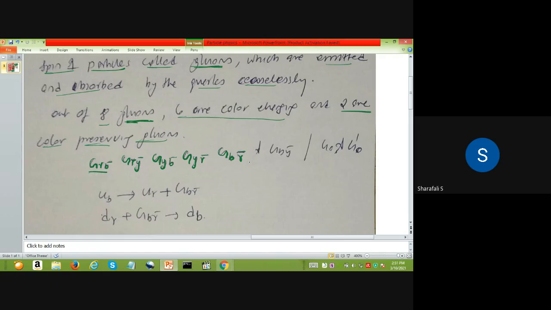B means blue, R means red, Y is yellow, and their anti-colors. And the last one is the gluon with blue and anti-yellow. These are the 6 color changing gluons, and the remaining 2 are color preserving gluons, which are G0.